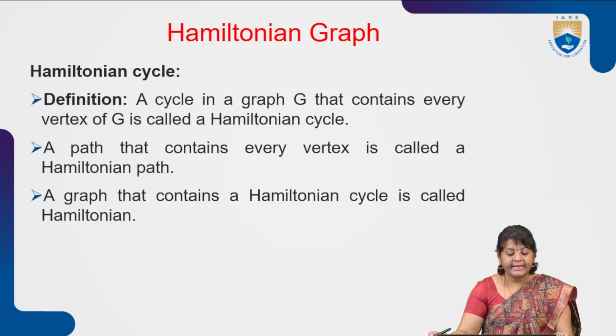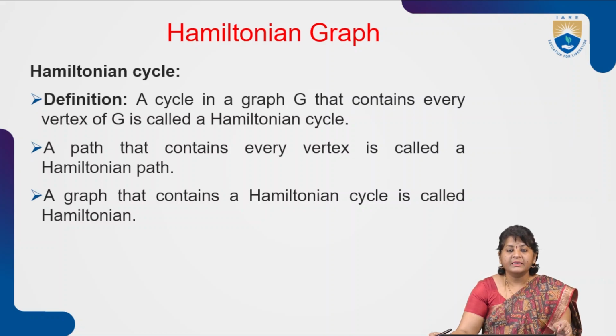Second point, a graph that contains a Hamiltonian cycle is called Hamiltonian. It means here the starting vertex and the ending vertex should be the same. Here is a question. Wherever we start, we need to end at the same vertex.